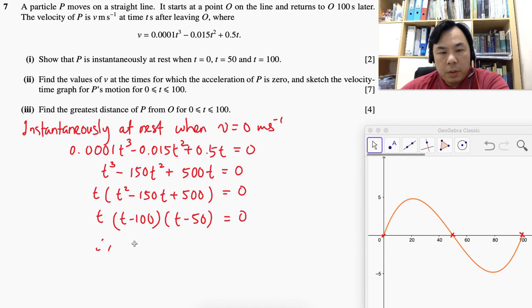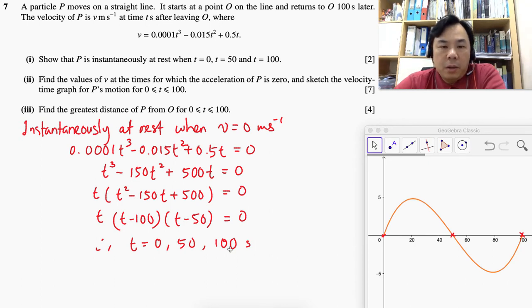And from here we found that t is equal to 0, 50, and 100 seconds. So the particle is instantaneously at rest when t is equal to 0, 50 seconds, and 100 seconds. So that's the proof, right? I hope that's clear, number one.